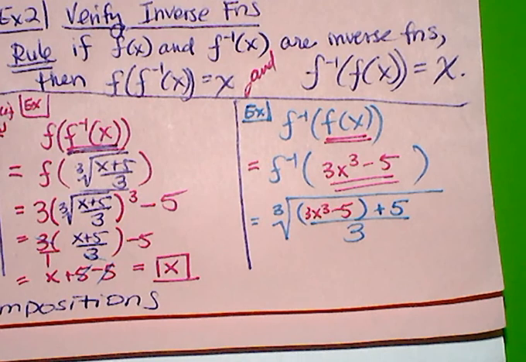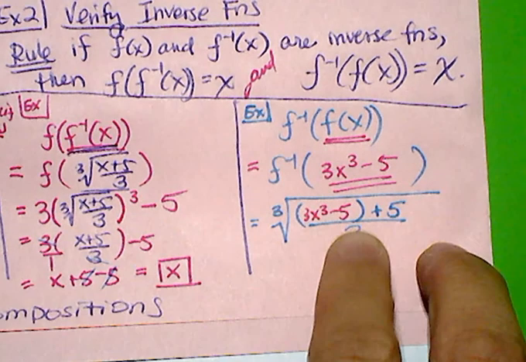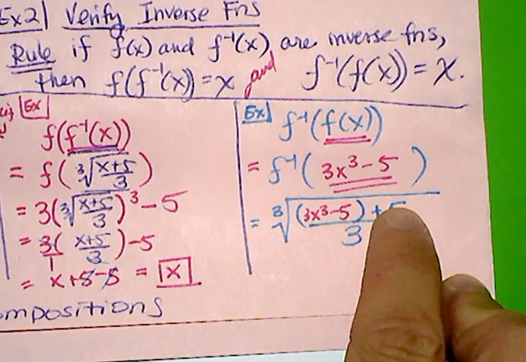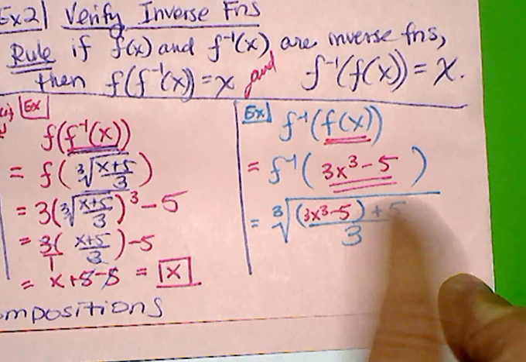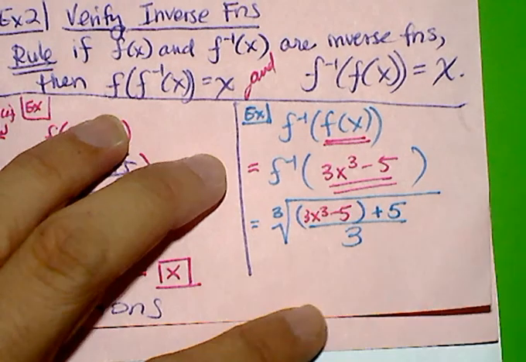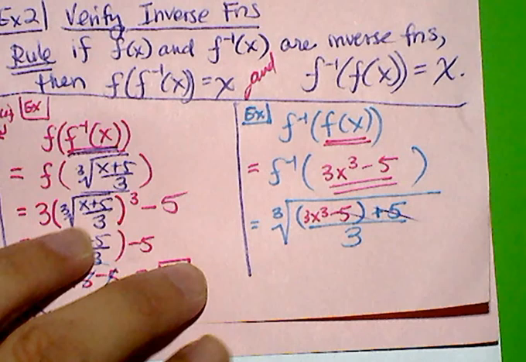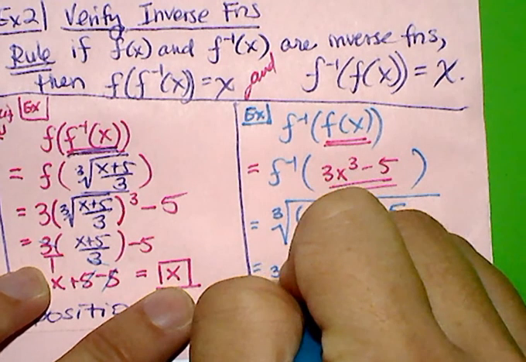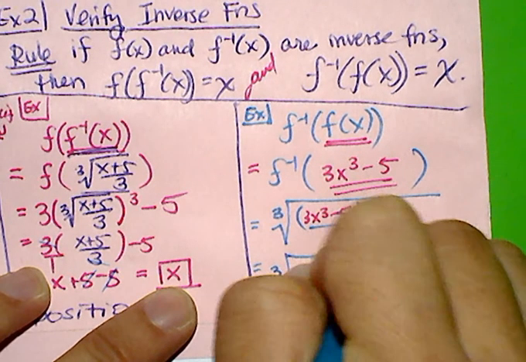According to PEMDAS, what should we do first? Parentheses. Well, I can't do anything there, so then what should I do? In this parentheses, does it really matter if I subtract 5 first or add 5 first? Can I associate a property? Can I just do negative 5 plus 5 first? Yeah, so that's just going to be 0, right? So now I have the cube root of 3x cubed over 3.